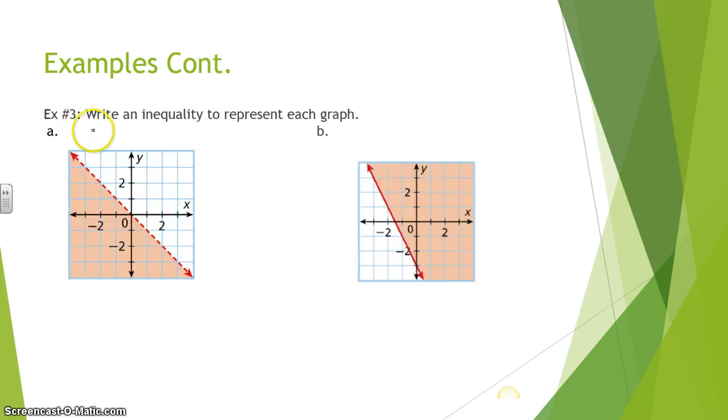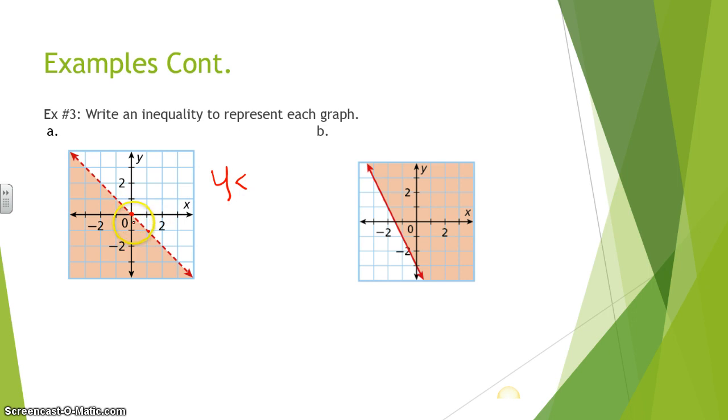For example number 3, they want us to write an inequality that represents the graph. So I'm going to look at my first line here. My starting point is at the origin 0, 0, and it looks like I'm going down and to the right 1. So the way I can write this is y is going to be anything which is less than.